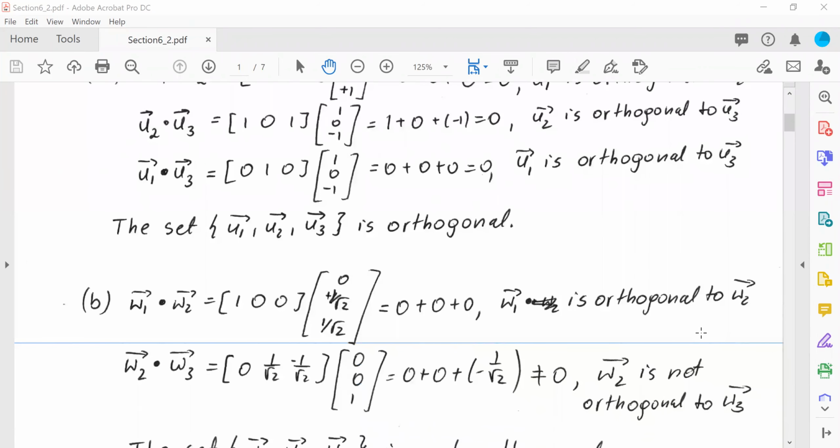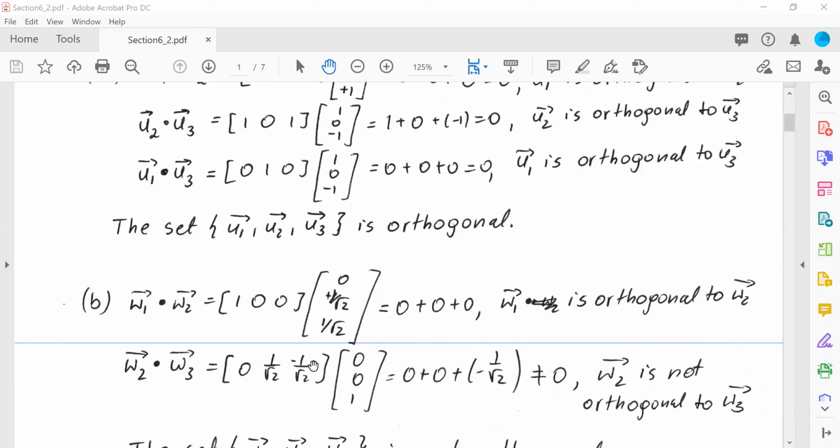Now I will check vector w2 dot product w3. The vector w2 was 0, 1 over root 2, minus 1 over root 2. And I will check with vector 3, which is 0, 0, and 1. Now when I multiply this, 0 times 0 gives me 0. 1 over root 2 times 0 is 0.